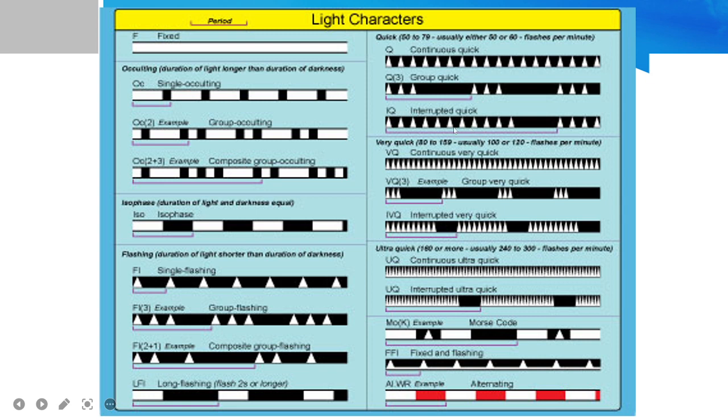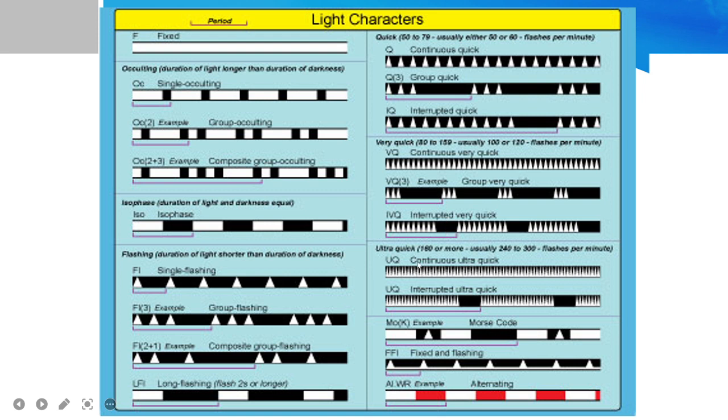And there is also very quick. Very quick can usually go from 80 to 159, usually 100 or 120 flashes per minute. This is the VQ, continuous very quick, and the group very quick with a series of three lights, and this is the uninterrupted very quick.